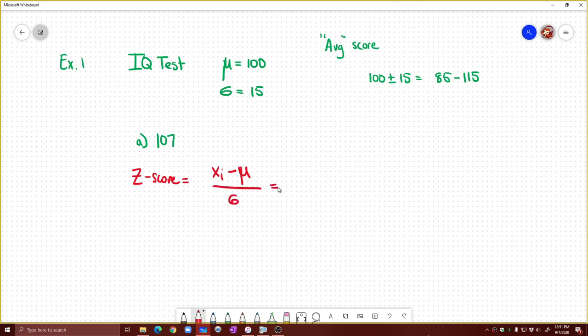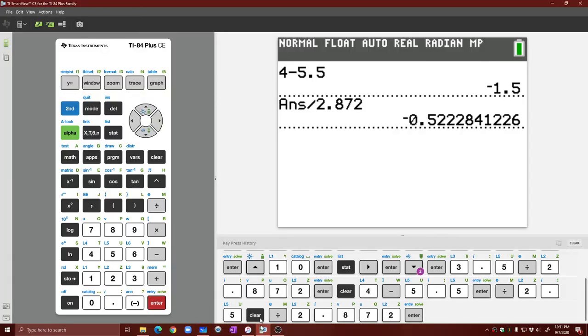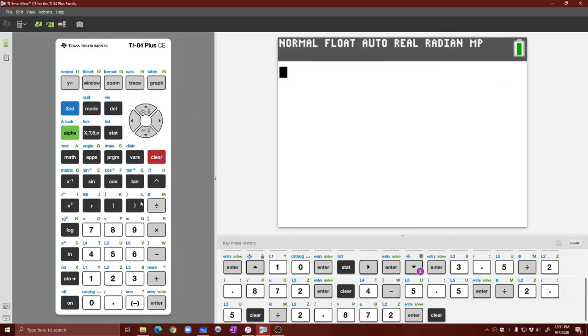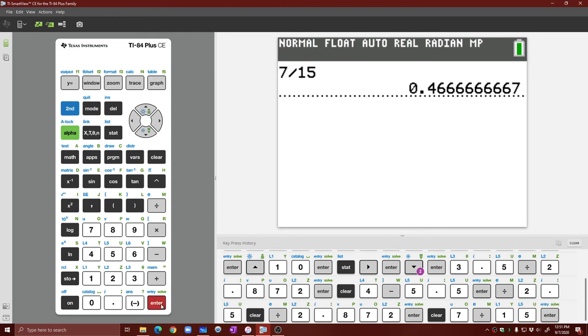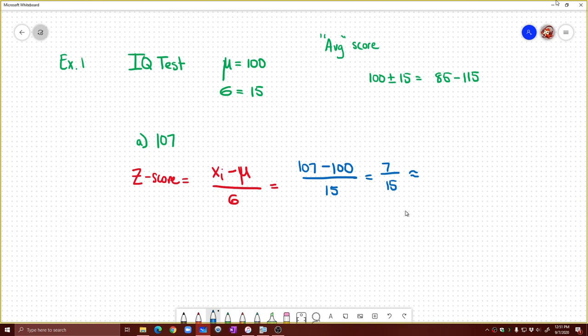So in our case, I scored a 107, the average was 100, and the standard deviation for this test was 15. That's going to give me 7 out of 15, which, pulling up our calculator, is approximately 0.467.